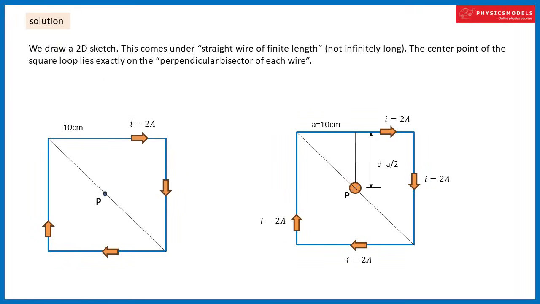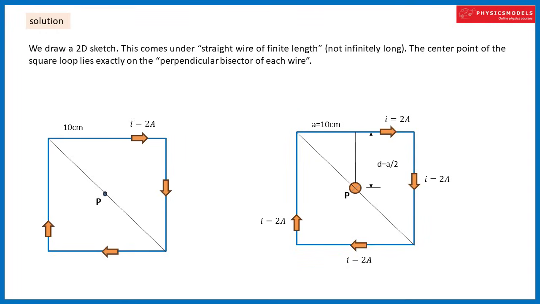We now draw the 2D sketch as we would do in an examination. On the left hand side, it's the square loop. The sides are given. The center point P is marked. The current I equal to 2 amperes is marked there. You can see the clockwise direction of the current flow. On the right hand side, the sketch is slightly more developed, and you can see the magnetic field at point P, which is pointing into the plane of the paper, which is correct.